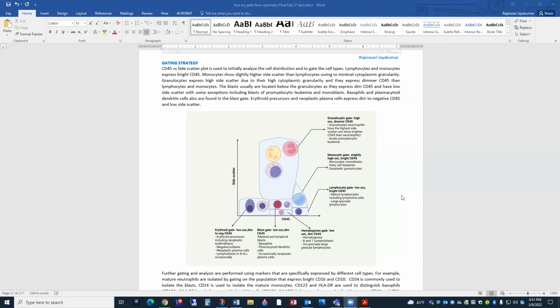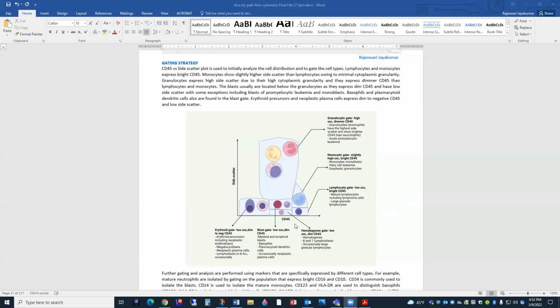For example, lobulated cells like neutrophils will have both granules and some complexity to their nucleus, which will scatter the light in different directions, which is caught by these diodes and produces the pulses, and that's what gets registered from the flow cytometry instrument. So the more granularity and complexity in the cell, the more the side scatter.